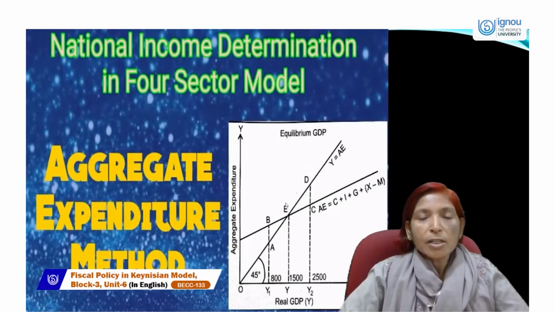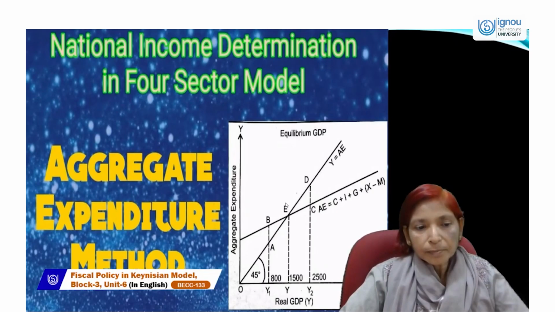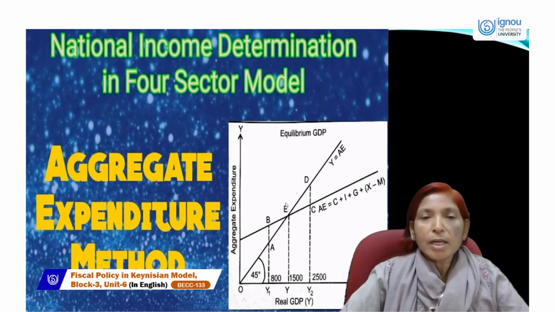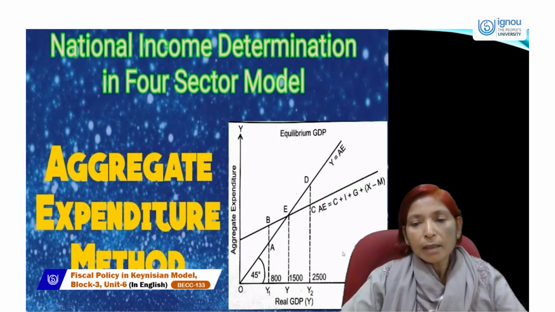Now next is national income determination in the four-sector model, or how national income is determined. Its first method is the aggregate expenditure method. Here, in this diagram, the 45-degree line is showing the aggregate supply curve.